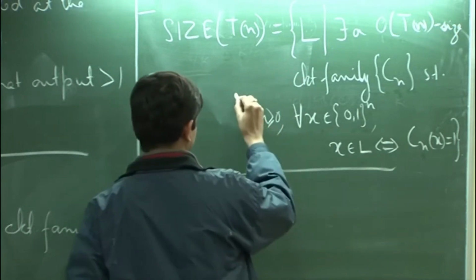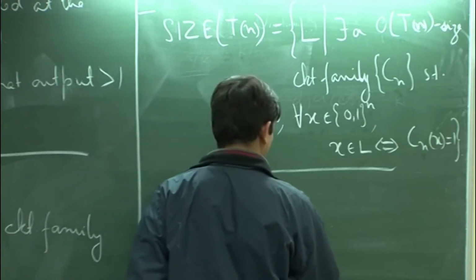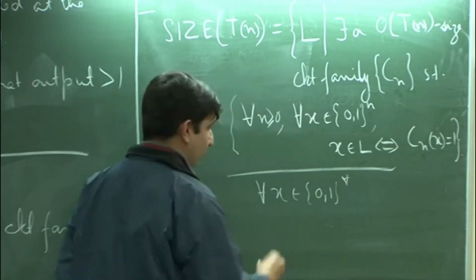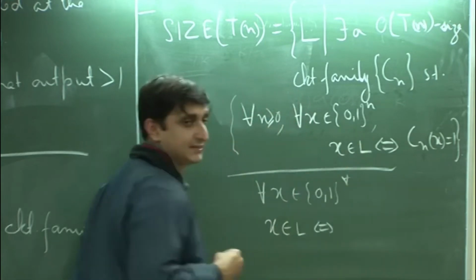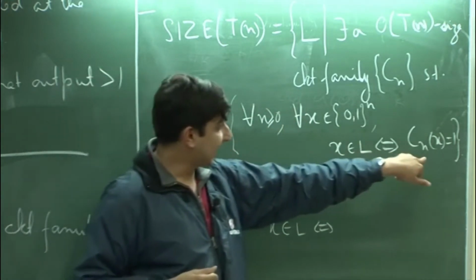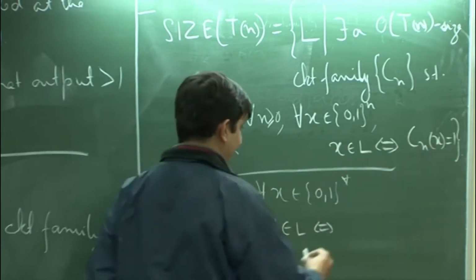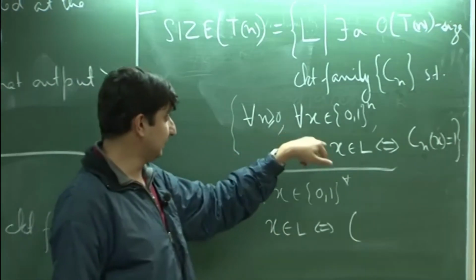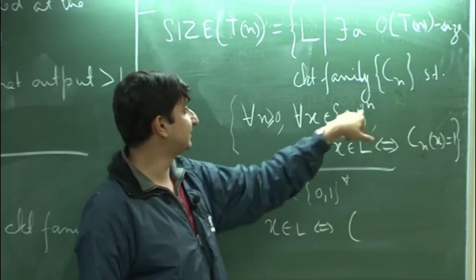So, instead of saying this, what we can say is for all x, when do I say that x is in L? According to this definition, if that particular circuit outputs 1, right. So, what is that particular circuit? In this case, it is the circuit C n where x has length n.